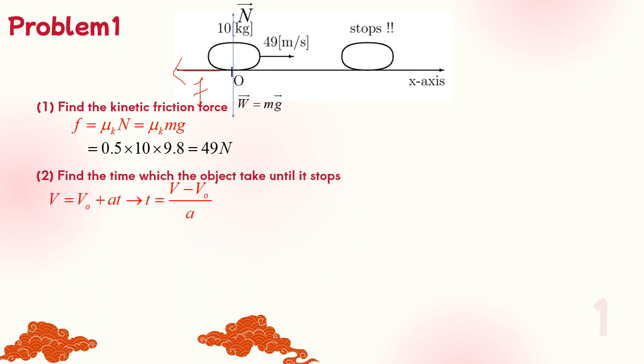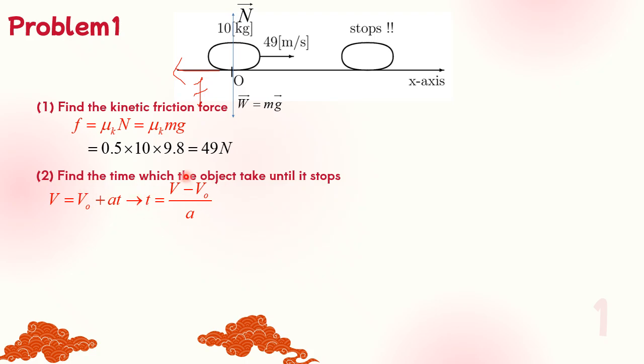So we have the formula: final velocity equals initial velocity plus acceleration multiplied by t. It holds for every object that accelerates or decelerates, and we find t.